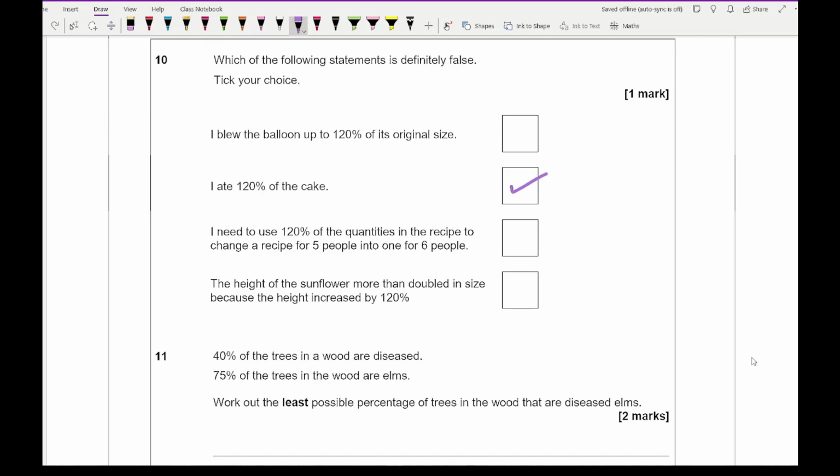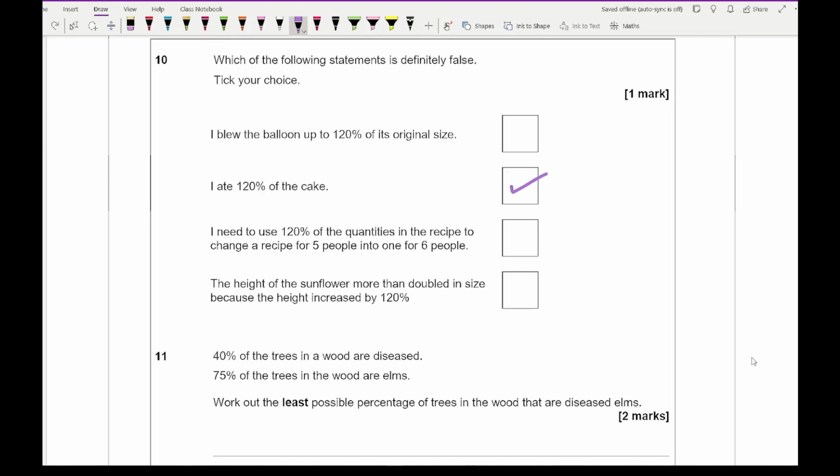So I blew up a balloon by 120% of its original size. Well, that is possible because a balloon, if you think about it, when it's deflated is quite small, but when it's inflated the size is going to be more so than double. The third option, it says I need to use 120% of the quantities in a recipe to change a recipe for 5 people into one for 6 people.